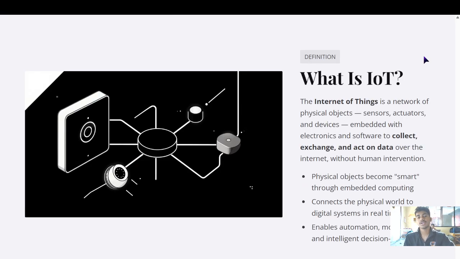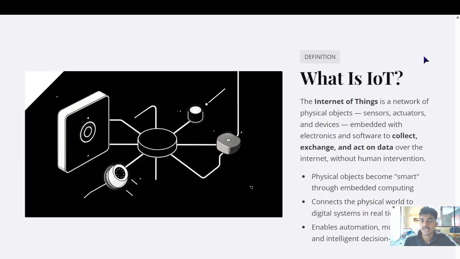First of all, what is IoT? The Internet of Things is a network of physical objects, like sensors, actuators, and devices, that are connected to the Internet. These devices are embedded with software and electronics that allow them to connect and exchange data automatically without human intervention.